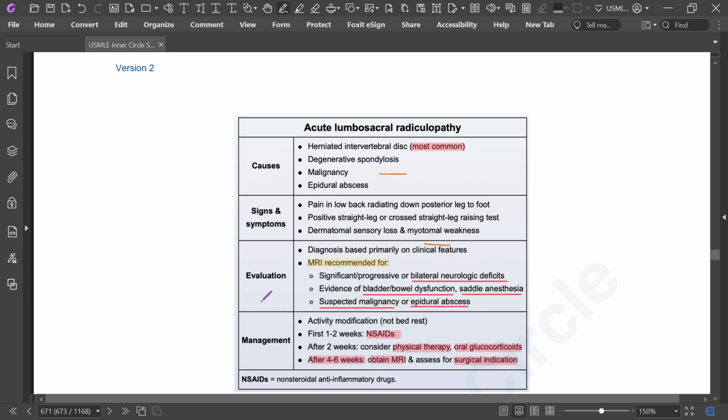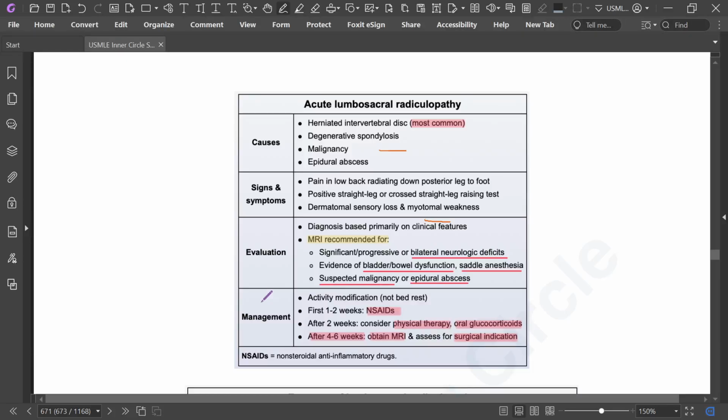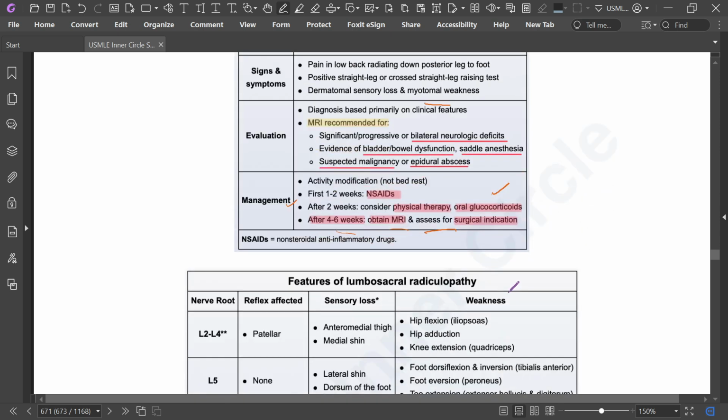Activity modification does not mean bed rest. In the first 1 to 2 weeks we can use NSAIDs. If not improved after 2 weeks, we can use physical therapy and oral glucocorticoid. After 4 to 6 weeks, obtain MRI and assess for surgical indication.